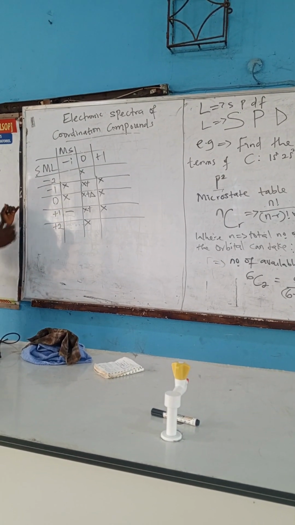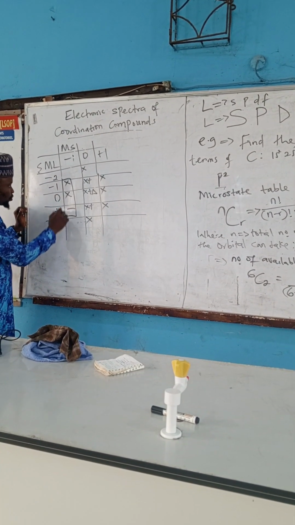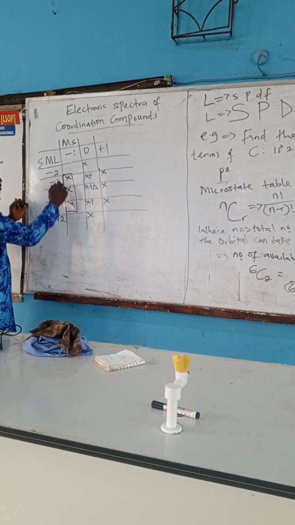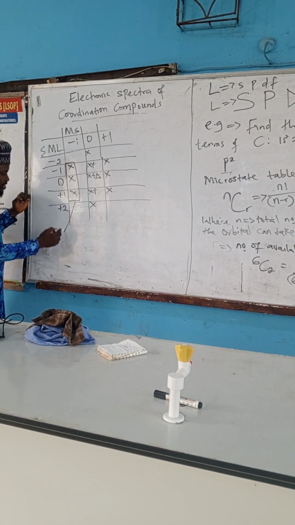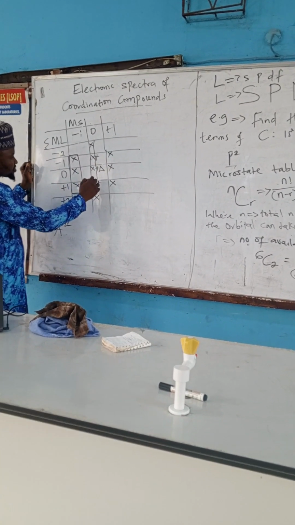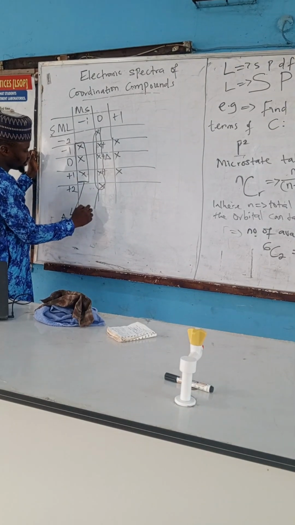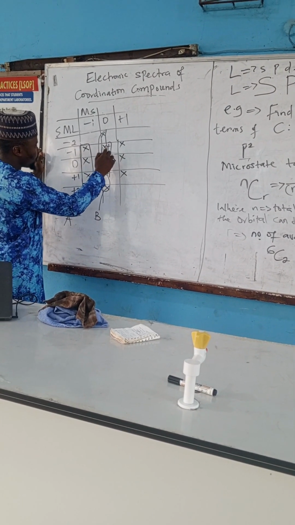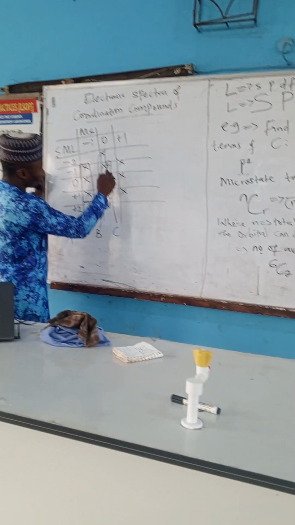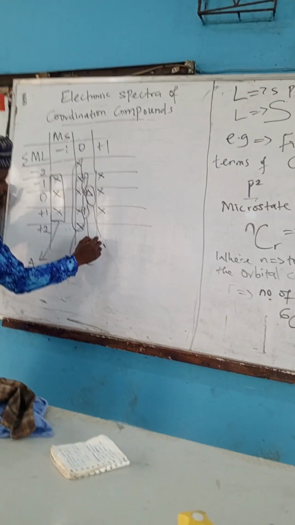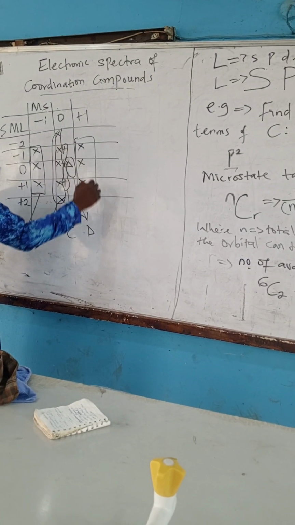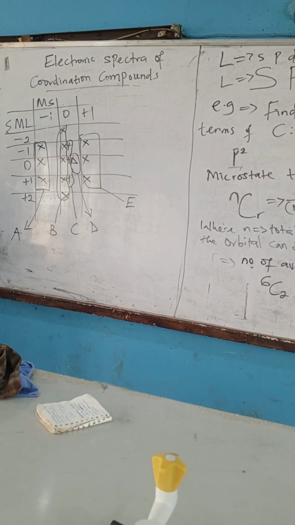Now we classify them by taking the ones that are similar. We can call this class A, this class B, the one of cross class C, the one of triangle, the one-man battalion, class D, and this last one, class E.